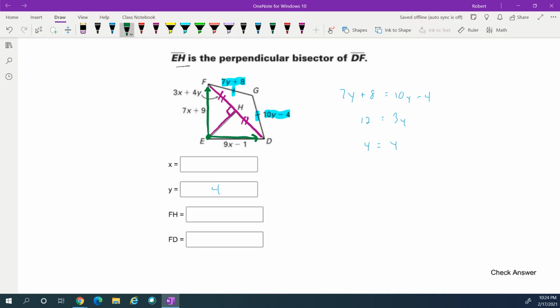So it's really the same question that we've just done a couple times. 7x plus 9 equals 9x minus 1, 2x equals 10, and x equals 5.